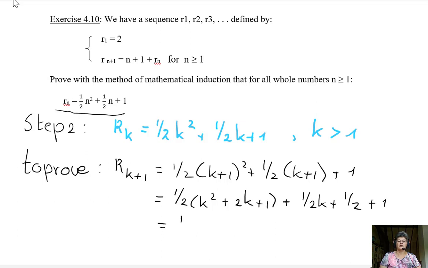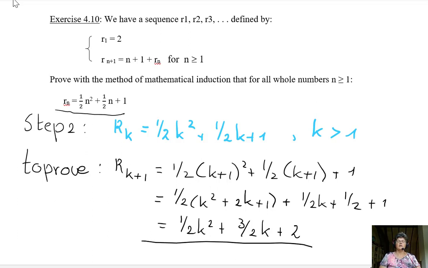So that would give us a half times k squared plus k plus a half k, so 3 divided by 2 k, plus a half plus 1, plus 2. Okay, so we need to prove that R(k+1) is a half times k squared plus 3 divided by 2 k plus 2. Let's try.